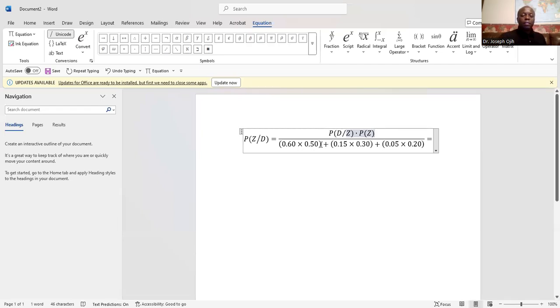Now, for the denominator, you repeat the same thing, but according to the order: X, Y, Z, with X first and Z last.